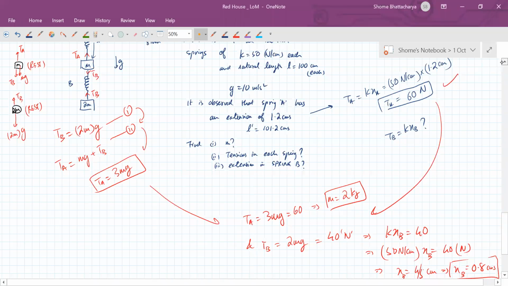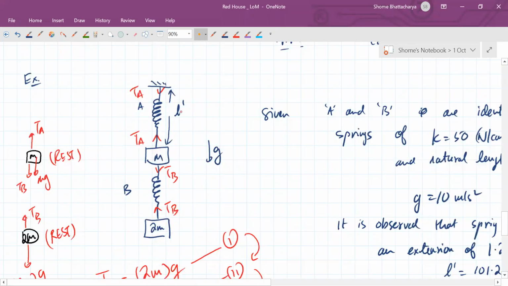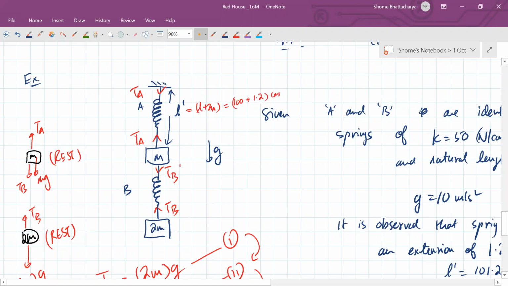So now you can also understand that both the springs are in extended state right now. This L prime is actually natural length plus XA, so it's 100 plus 1.2 centimeters. Similarly, if this length is some L double prime, this is also natural length plus some extension.